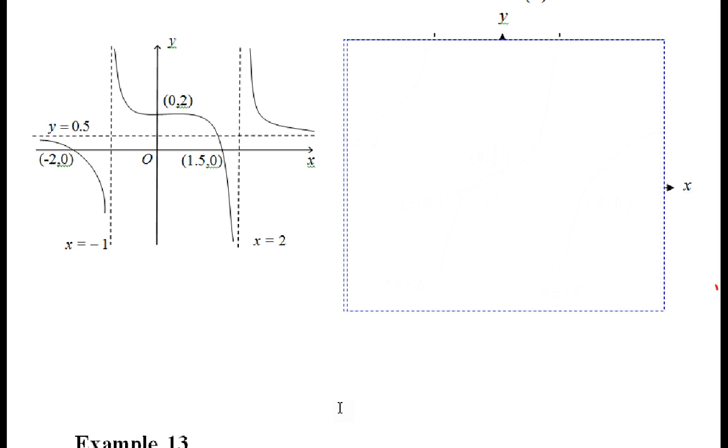Okay, the asymptote is the x intersection. Yes, very good. You know why, right? Okay, good.